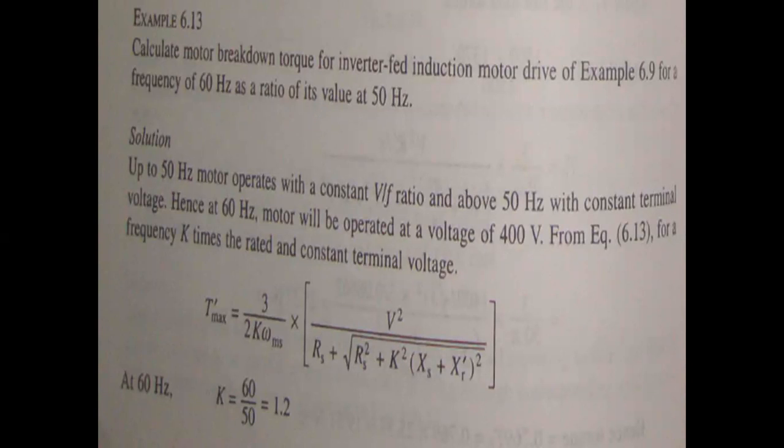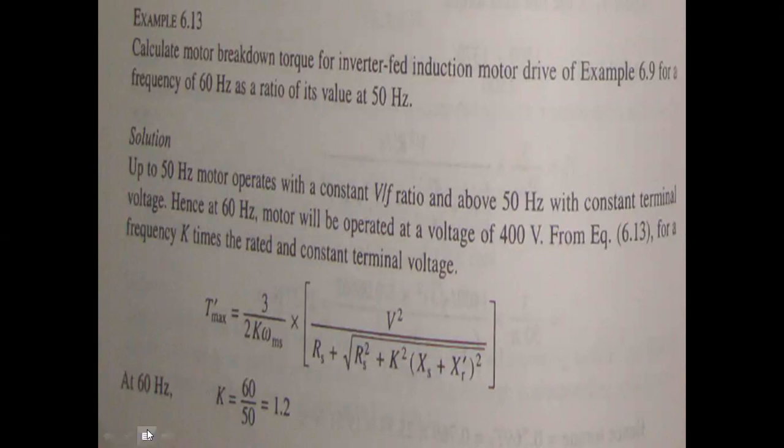And we know that T maximum is given by the equation 3 by 2 K omega S into V square by RS plus root of RS square plus K square into XS plus XR dash whole square.